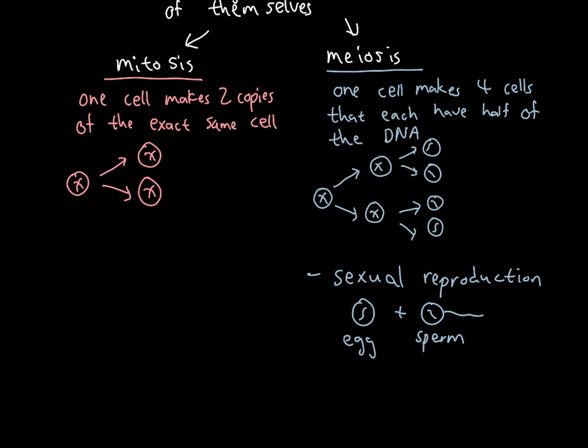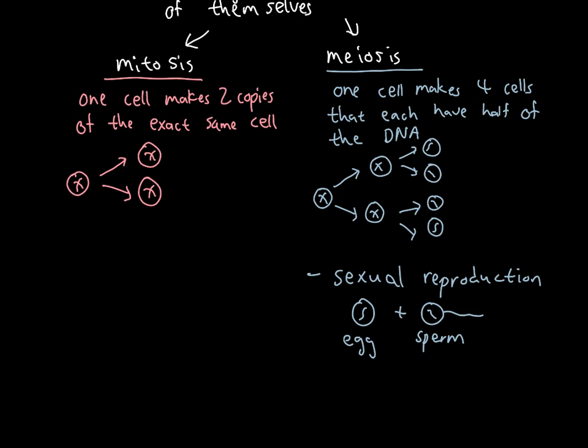So both of these have half from two different parents, and they combine together and create a new being, which is you guys, with different DNA than either of the parents, because it's half of them combined with the other half. So meiosis' main purpose is for sexual reproduction, which is getting these cells with half the DNA, so that you can combine them with another being and create a completely new creature.